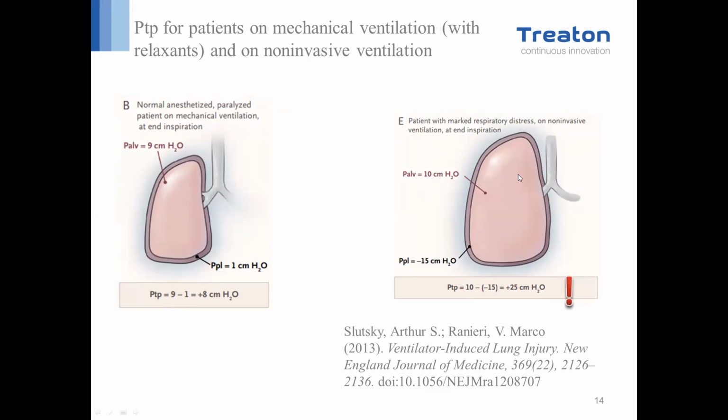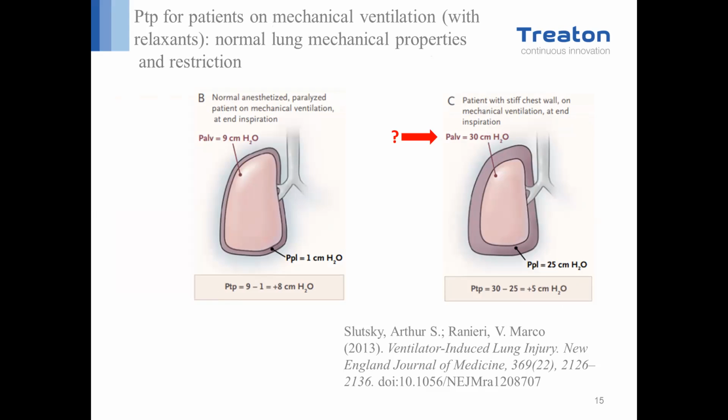Although the airway pressure is only 10 centimeters of water, the transpulmonary pressure is very high, plus 25 centimeters of water. In such cases, there may be large negative swings in pleural pressure. Picture B is for a comparison.